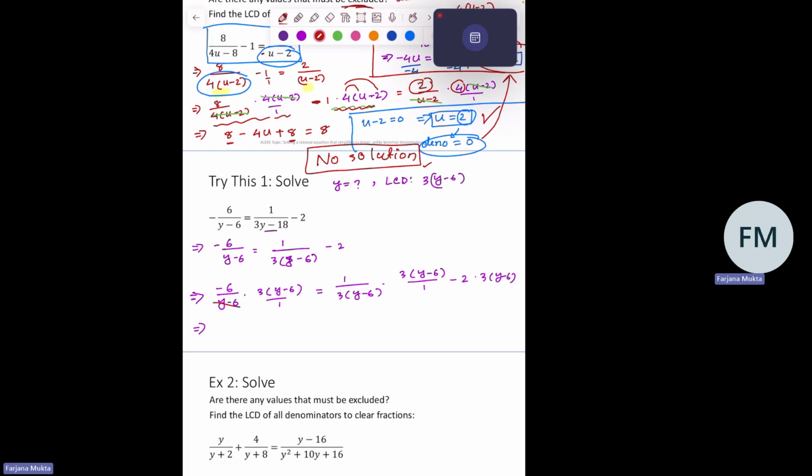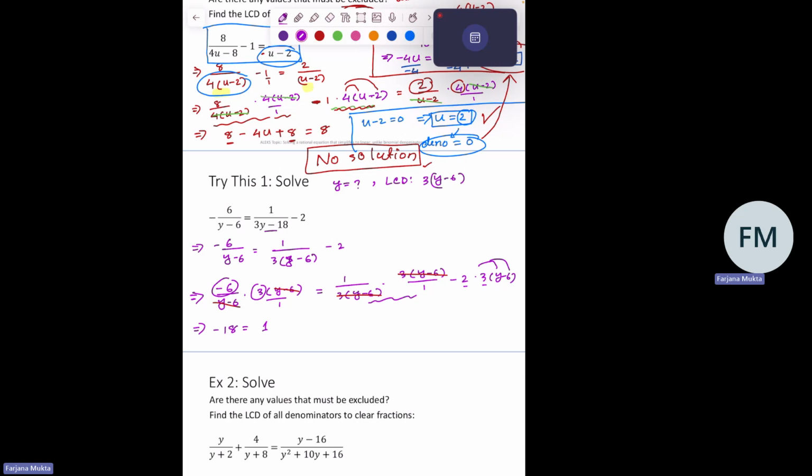So the y minus 6 gets cancelled. Here, 3 times y minus 6 and 3 times y minus 6 get cancelled. What is left? Negative 6 times 3, which is negative 18, equal. On the first term, nothing is left, so it's just 1. And then here, 2 times 3 is 6, and then we'll distribute the 6 with the terms inside.